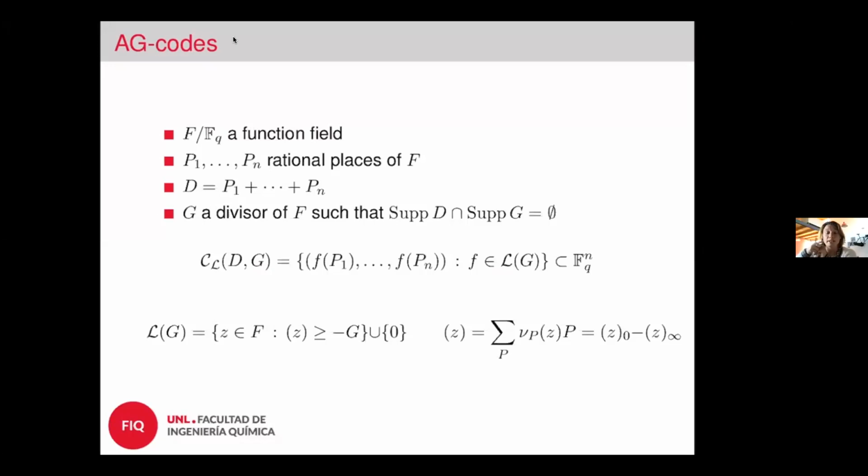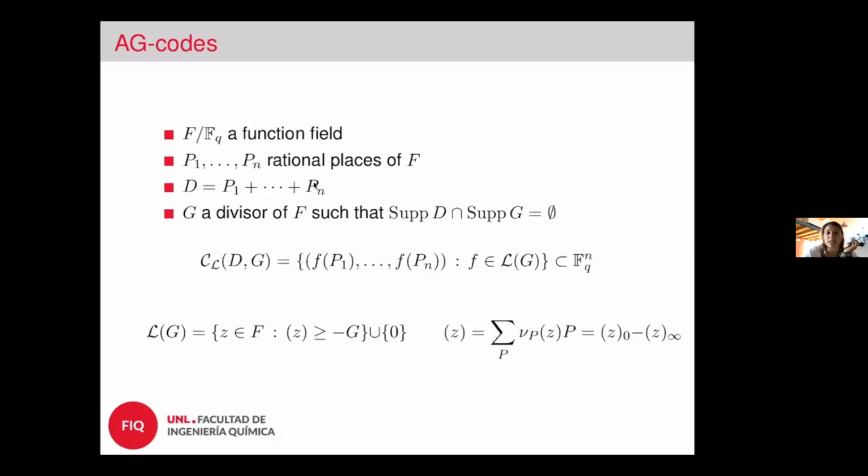So now the codewords in my codes are going to be the evaluation of functions in the Riemann-Roch space of the divisor G. In this sense, f(P_i) denotes the residue class modulo P_i of f. Here, the places are maximal ideals.